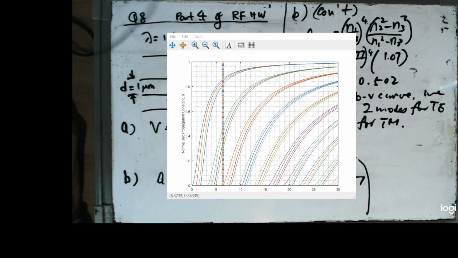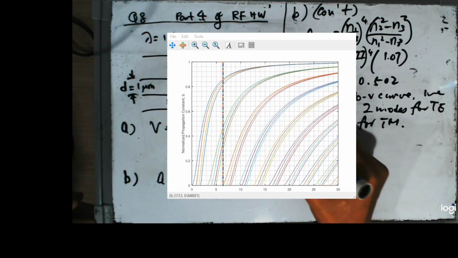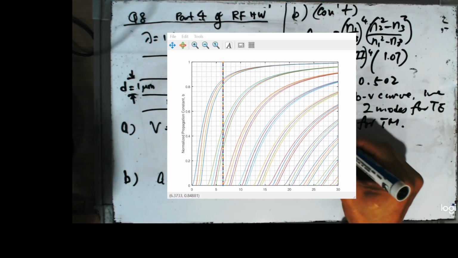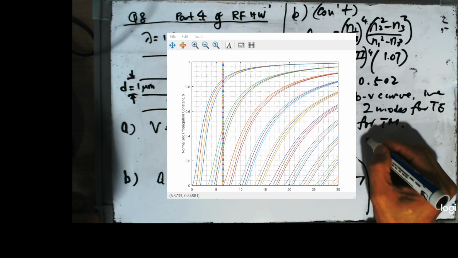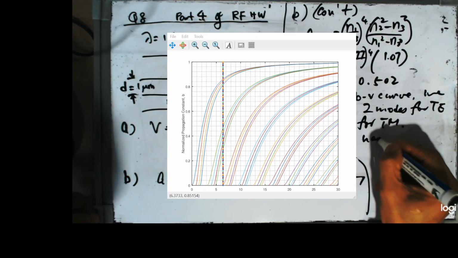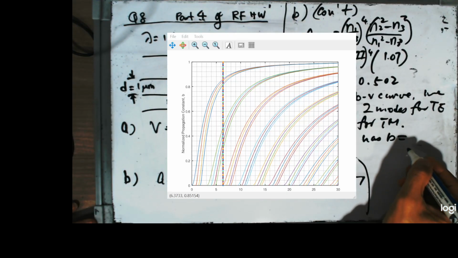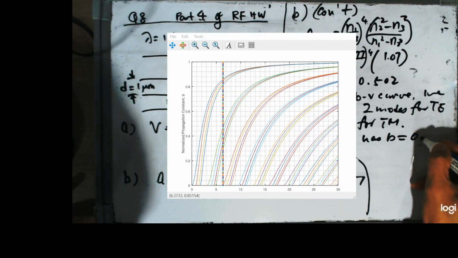And if you look at here, the V number is 6.37, and the corresponding b value here is 0.85. So TE0 has b equal to 0.85.